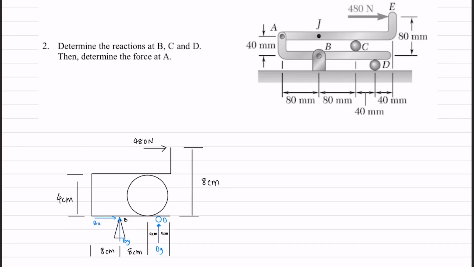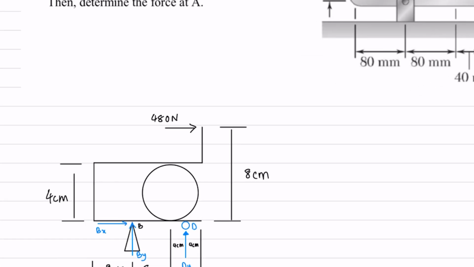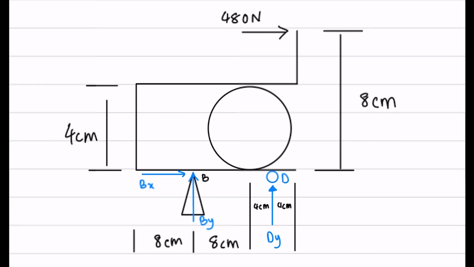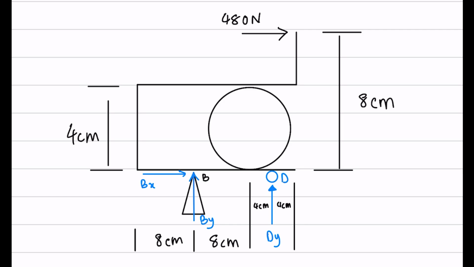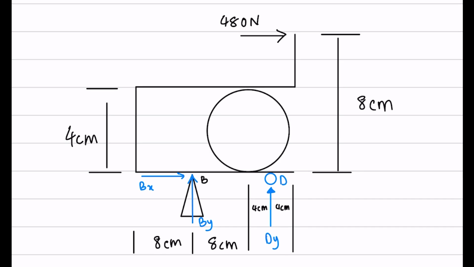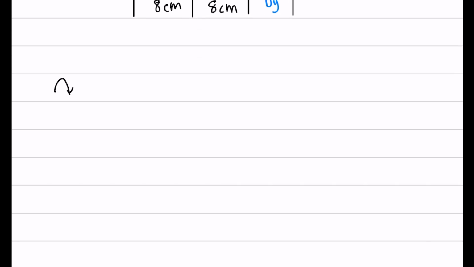For the second question, from the diagram given, first of all, we need to draw the free body diagram. We need to include the forces involved. At point B, we have By and Bx. At point D, we have Dy, and then force P that is equal to 480. From the free body diagram, we need to write down the equations.